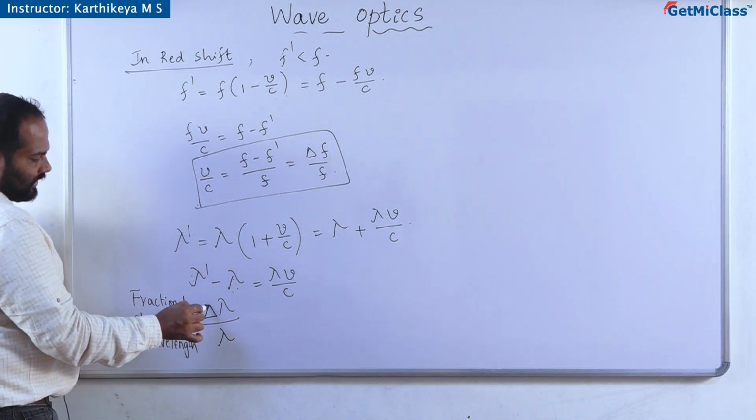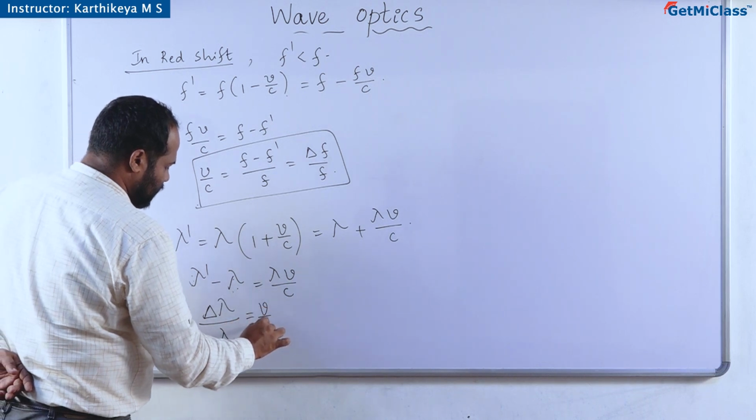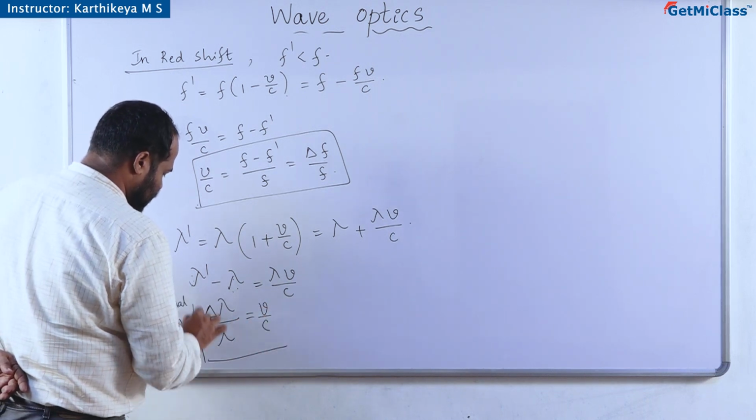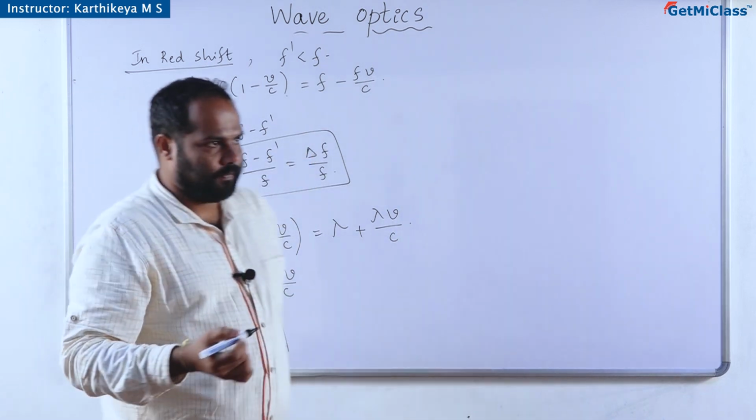So delta lambda by lambda is equal to v by c.